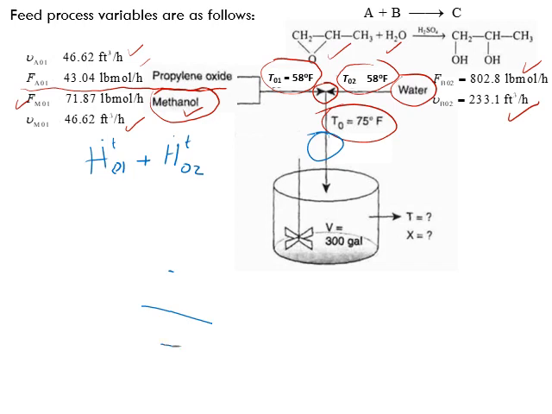Of course, both were at 58 degrees Fahrenheit. So this stream, which is stream 0, actually cannot hold the enthalpy. The enthalpy of the constituting streams, which is stream 01 and 02, is much more than the enthalpy of the mixture, which is stream 0.